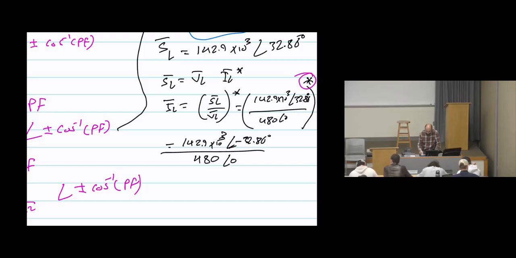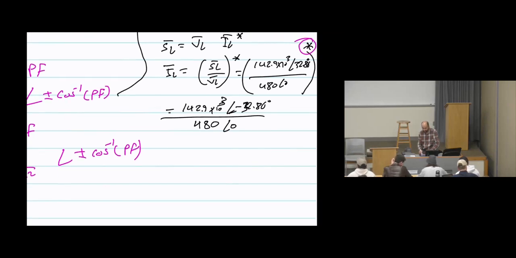Now, how can we calculate this? Since it's in polar, and sometimes with the calculator we can get into trouble in polar, you can say, let's divide the magnitudes alone and subtract the angles. So the angle, since it's negative 32.86 and 0, will be negative 32.86. Then the only thing you need to do in the calculator is 142.9 times 10 power 3 over 480.